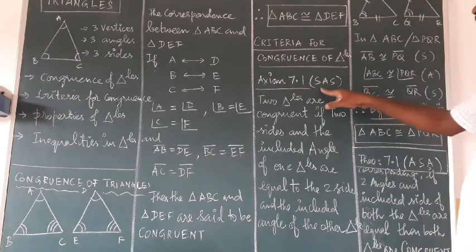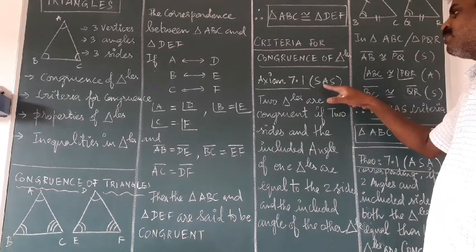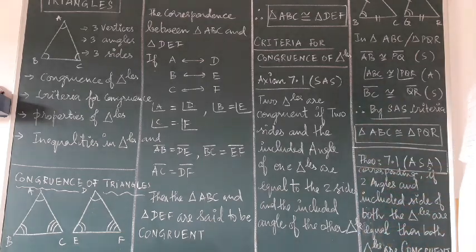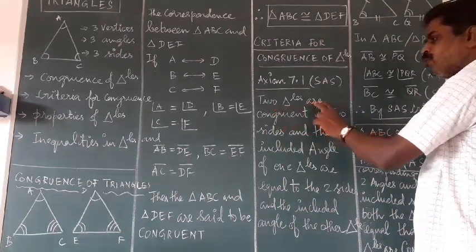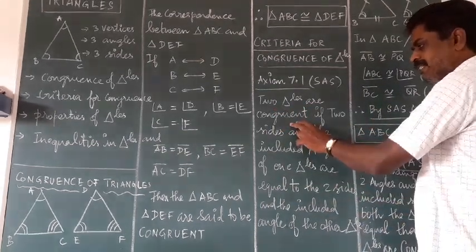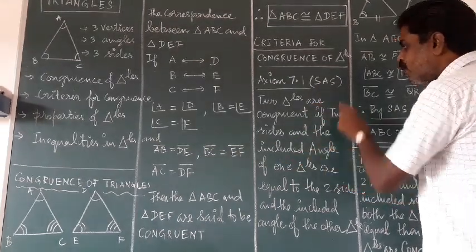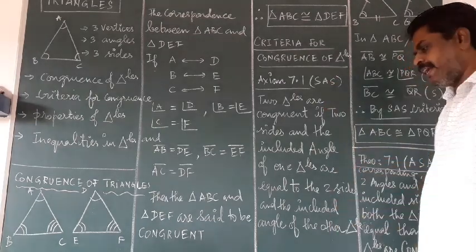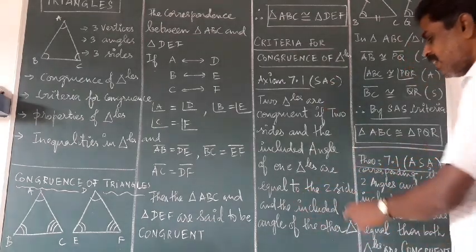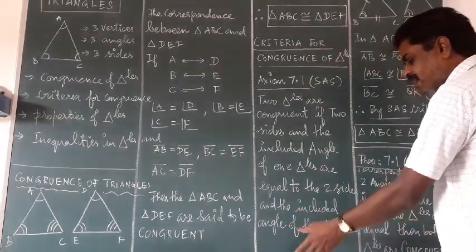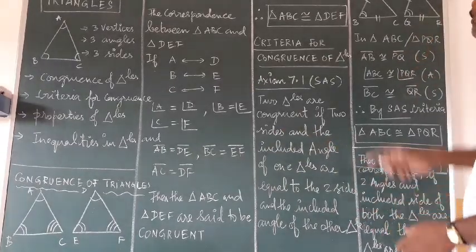What is that? Side, angle, side. SAS means side, angle, side. What are they trying to say? Two triangles are congruent if two sides and the included angle of one triangle are equal to two sides and the included angle of the other triangle.